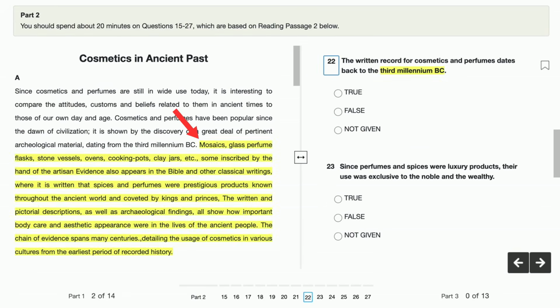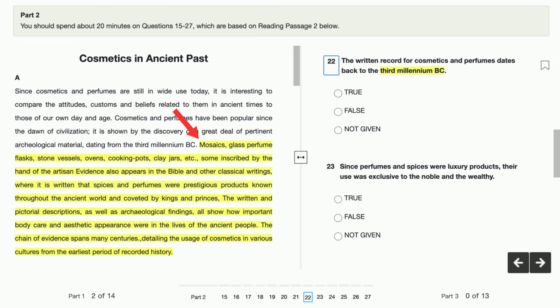record or not. Mosaics, glass perfume flasks, stone vessels, ovens, cooking pots, clay jars, etc. Some inscribed by the hand of the artisan. Evidence also appears in the Bible and other classical writings, where it is written that spices and perfumes were prestigious products known throughout the ancient world and coveted by kings and princes.